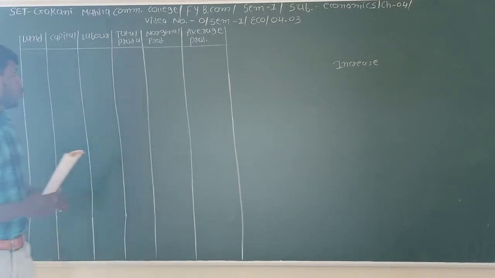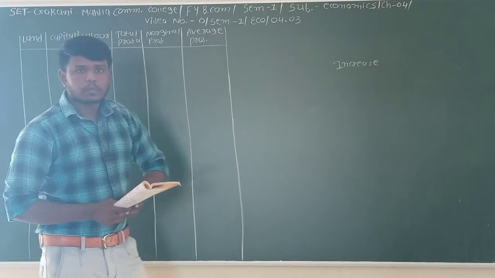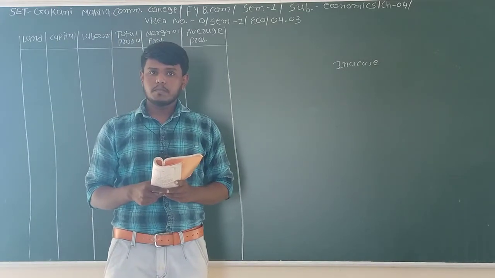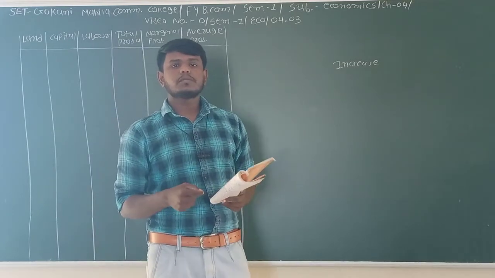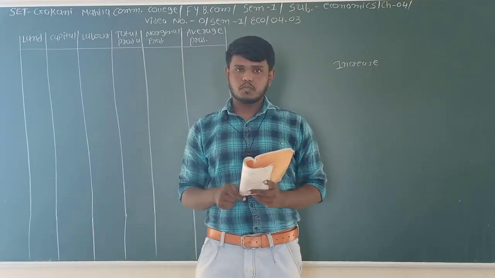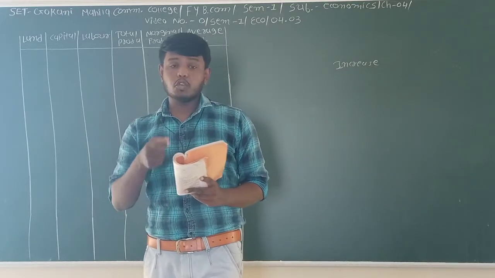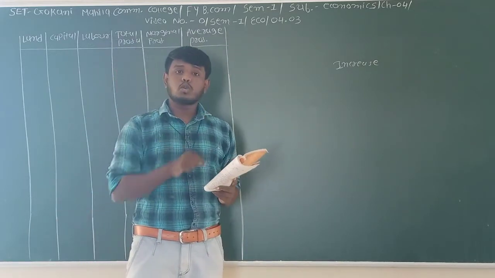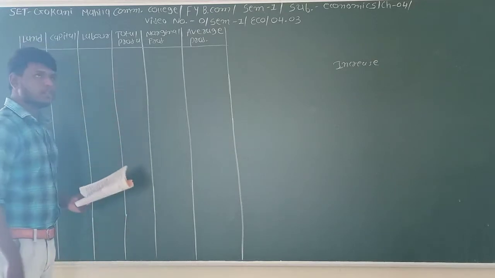First of all, you should know the meaning of total production. What is total production? Total production means the output of all the factors in your business organization. For example, if you have resources and those resources give you a total output, that total output is called the total production.